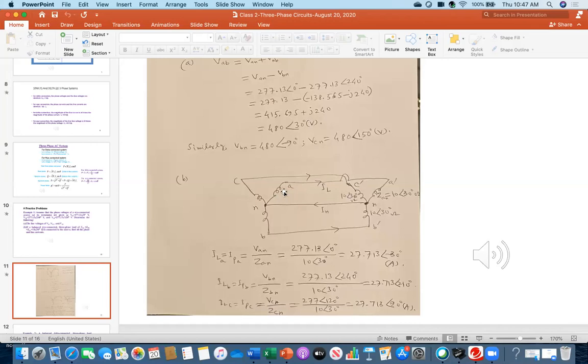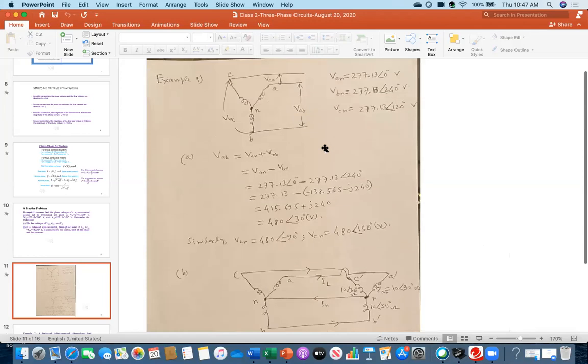Everybody, can you see? This is the current coming, IL, here it is called line current, and then the same current is entering into the phase coil of the load. So that's why I have written that ILA equal to IFA. This means line current and phase current are the same. And then what's the voltage across this one? A prime N. The voltage which was available here, Vn, that thing is given here.